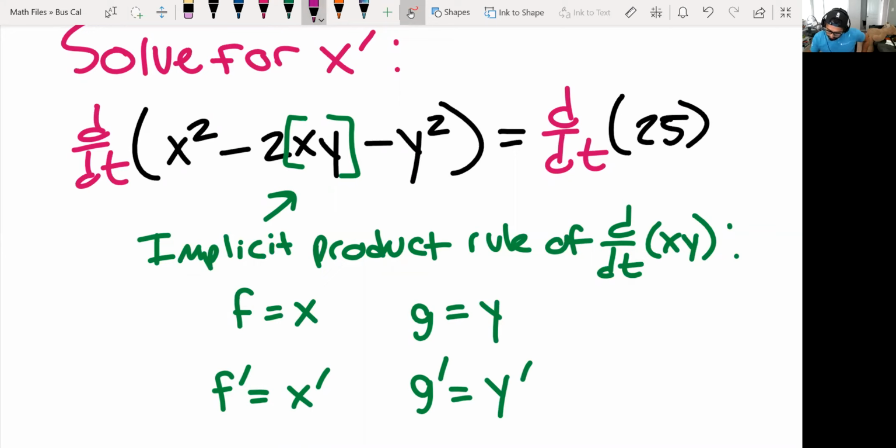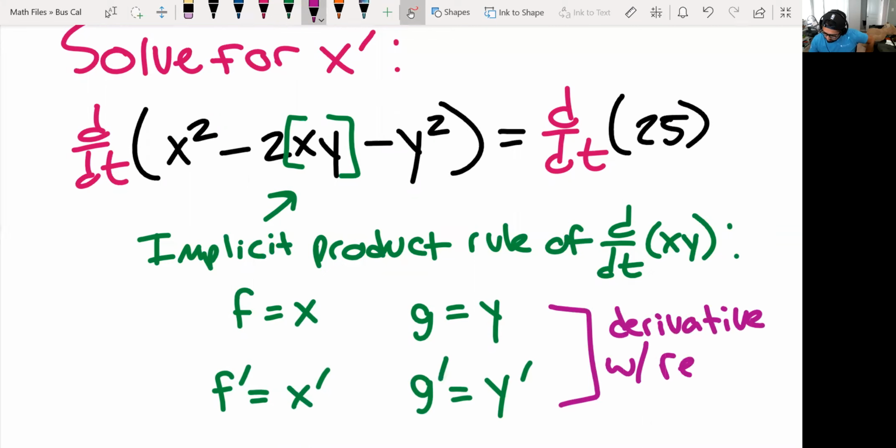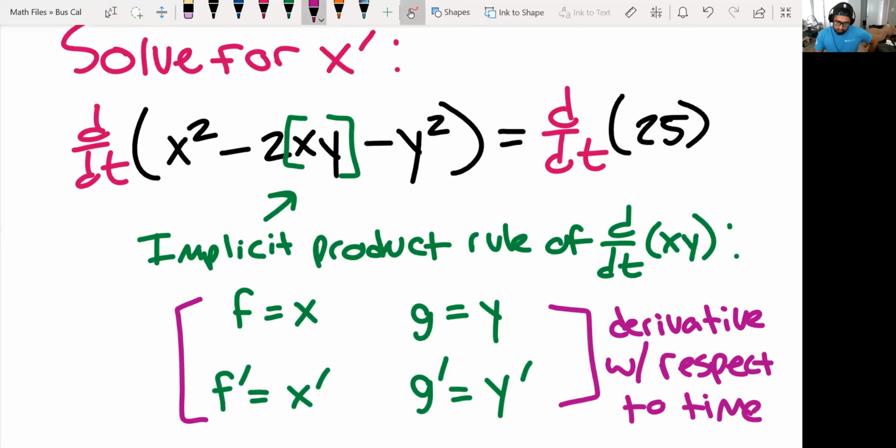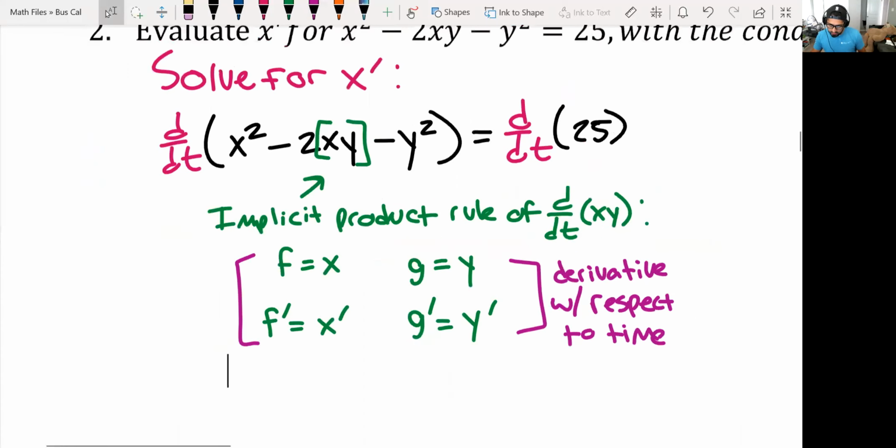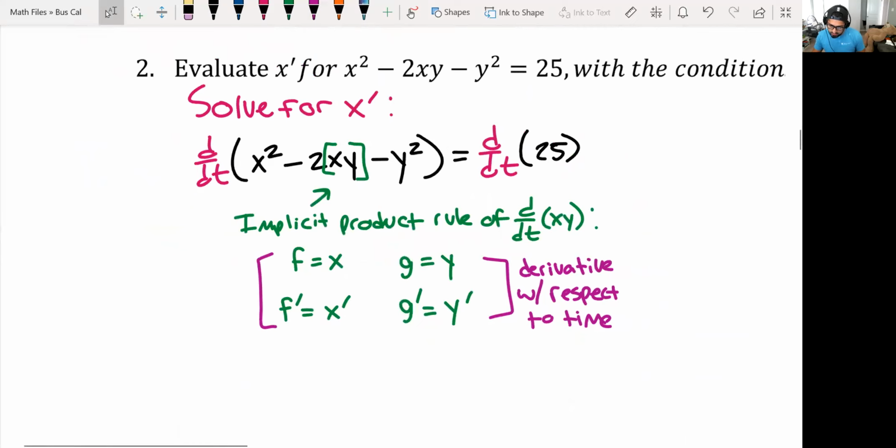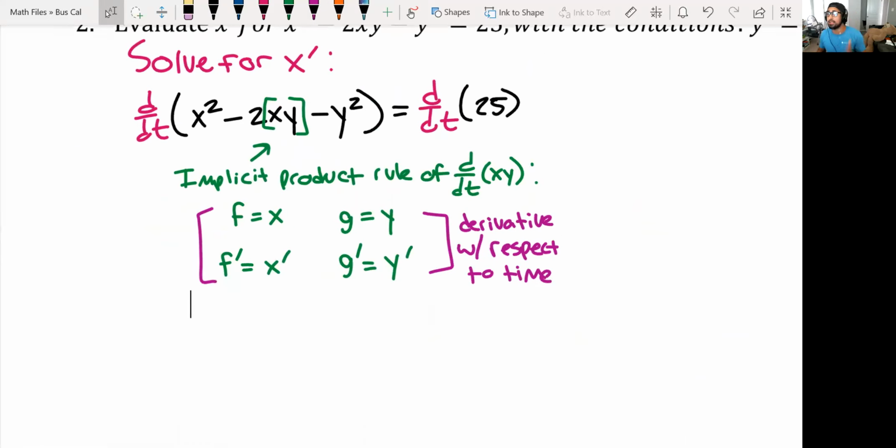So these are implicit derivatives with respect to time. Okay, we have that cleared up, and now we are ready to take the implicit derivative of everything else.